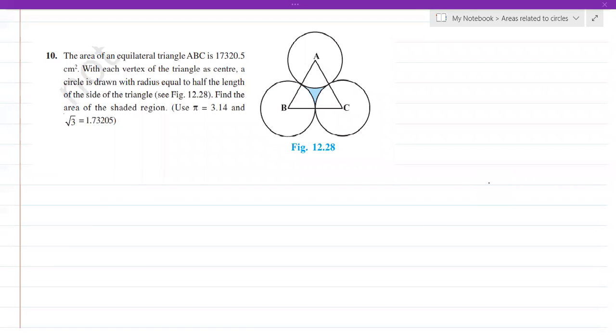Hello students. So let's continue the problems on areas related to circles. The 10th question: the area of an equilateral triangle ABC is 17320.5 centimeter square. So they have given us the area of the equilateral triangle.